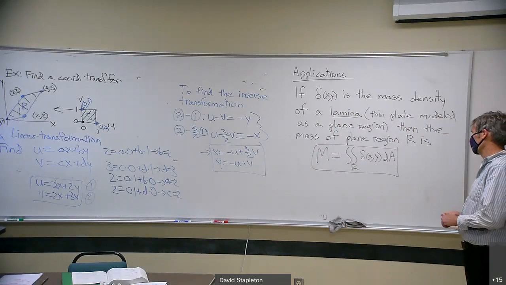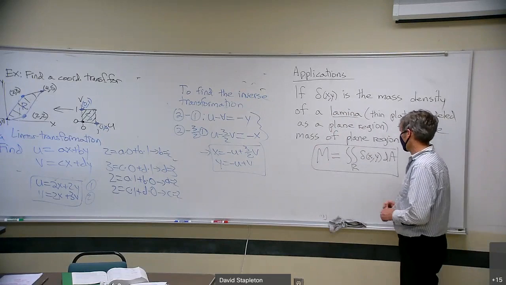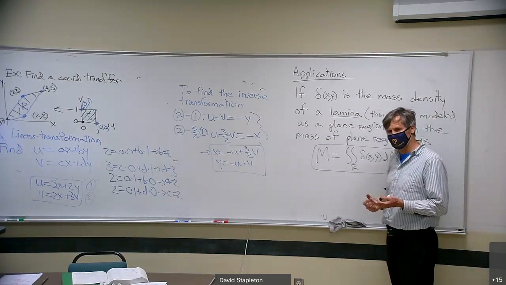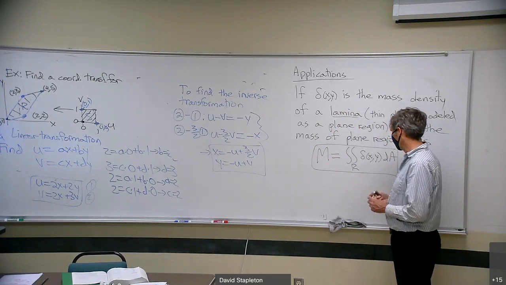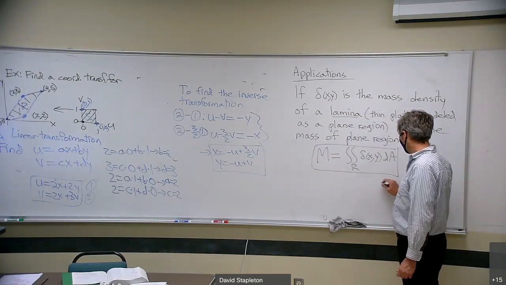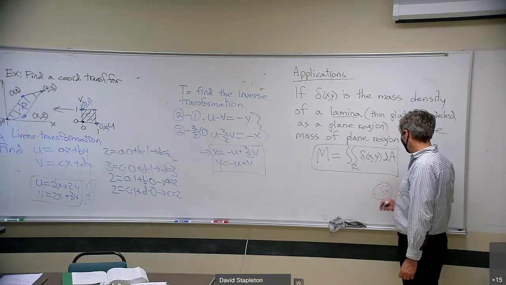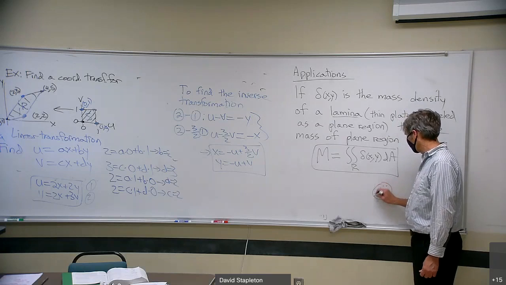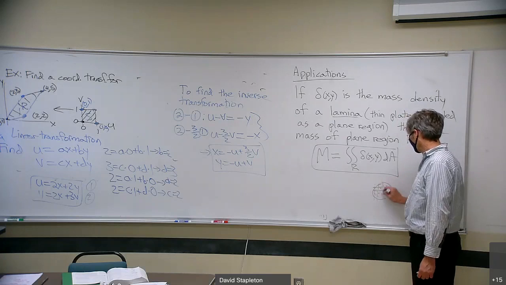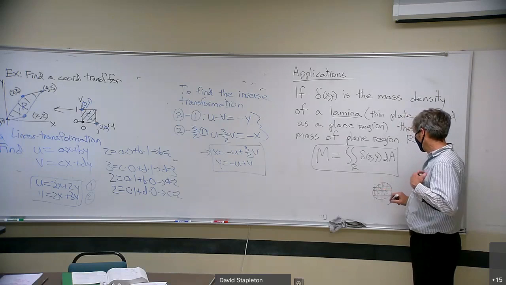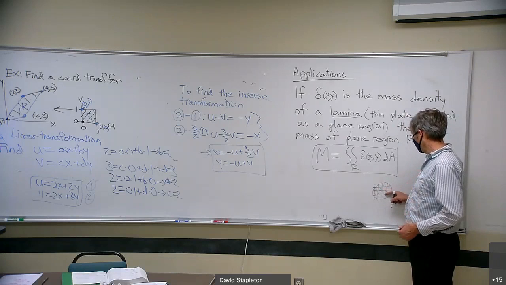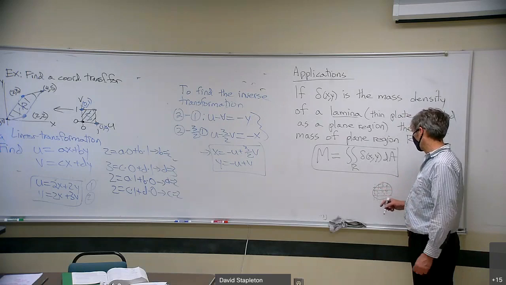If you think about it, this is just the limiting value of the discrete case. Suppose I had a population in a plane, like here's Oklahoma City, and I've got a certain density of population. How do I find how many people are in the city? I can break it up into little subregions and add up all the people in the little subregions and get the result.